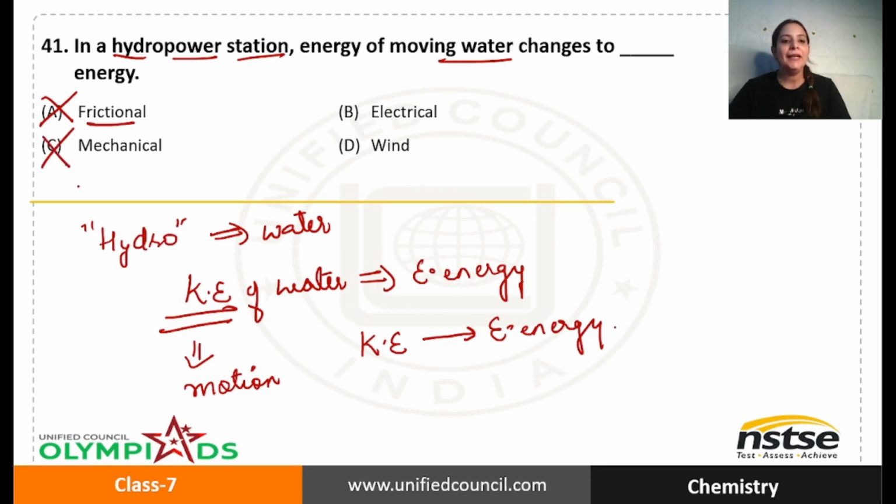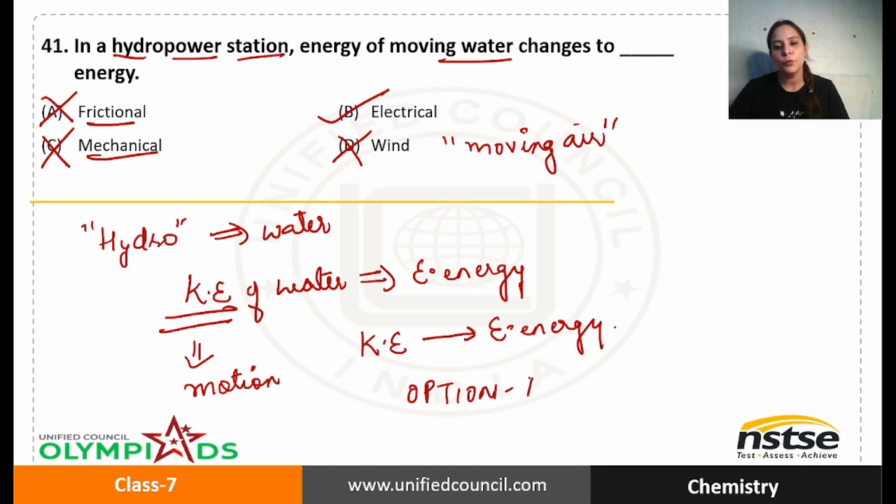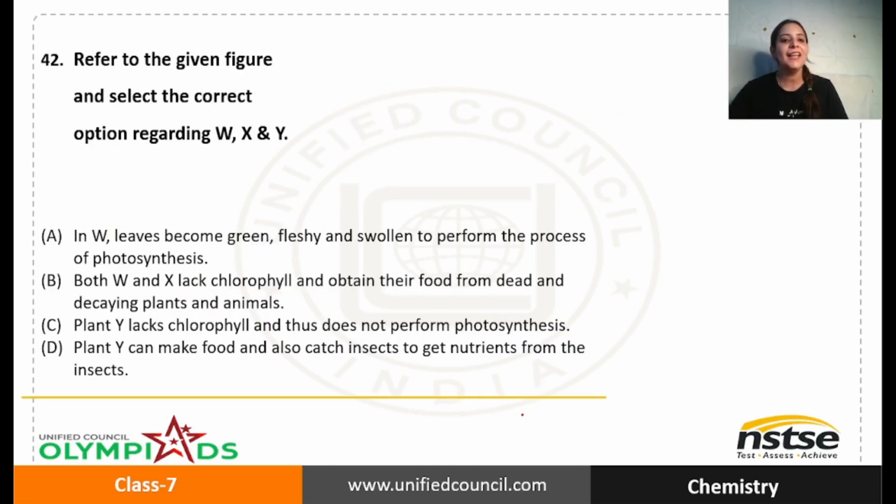It cannot be mechanical, because mechanical energy is that of anything in a state of rest or in a state of motion, like a machine that is moving. It is not wind either, because wind means moving air, and in a hydropower station you don't get wind. Wind occurs naturally. So definitely the answer is option B. Next question.